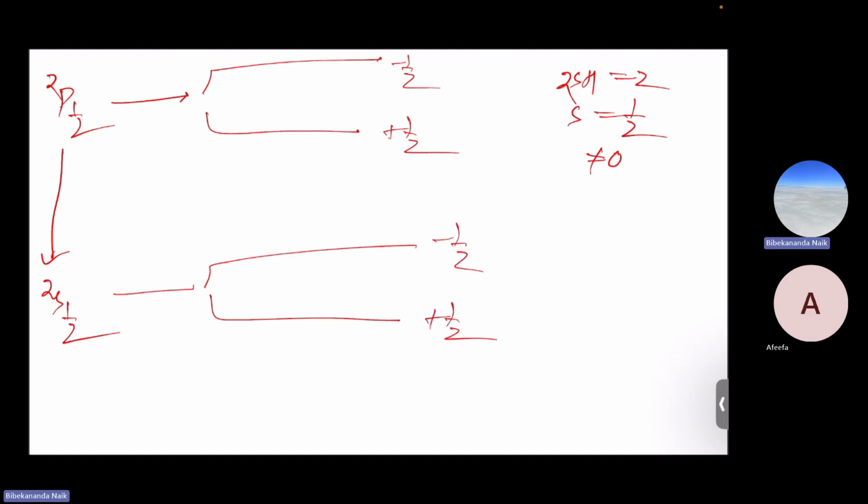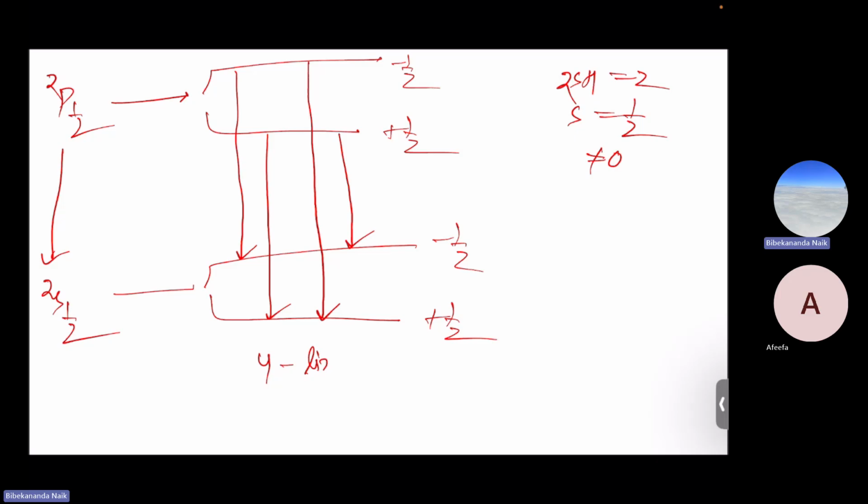Possible transitions: minus half to minus half is allowed, plus half to minus half is allowed, minus half to plus half is allowed, and plus half to plus half is allowed. So there are four lines. This D1 line gets split into four components in presence of the magnetic field.